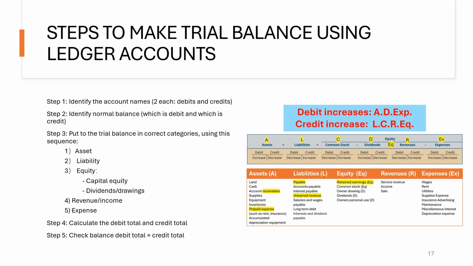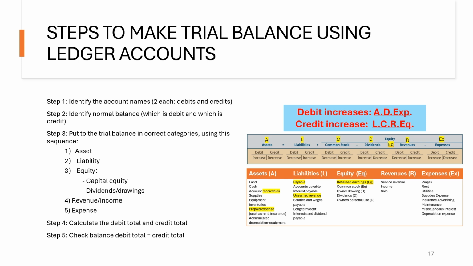Here is a summary of the steps to make a trial balance using ledger accounts. To summarize, step 1, identify the account names, so to each, debit and credit. And step 2, identify the normal balance, which is the debit and credit normal balance that we have studied in lesson 3.